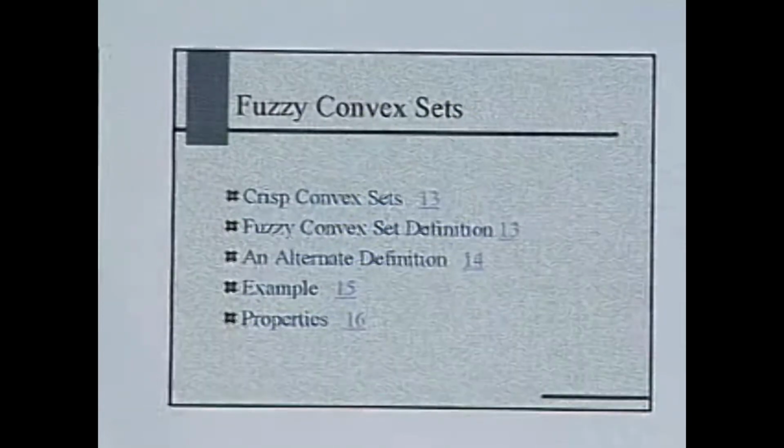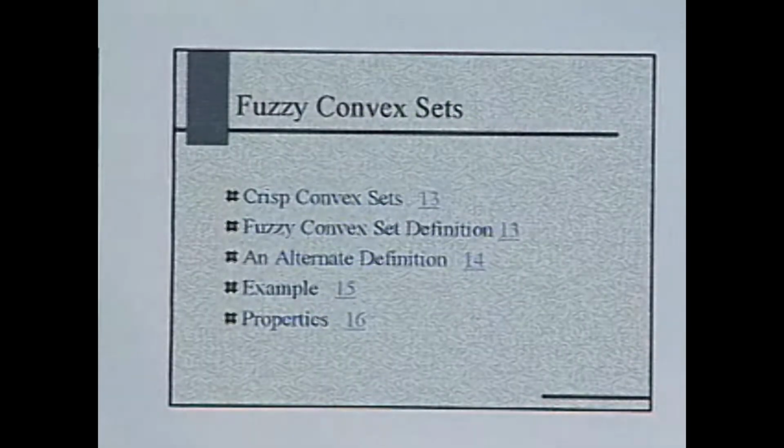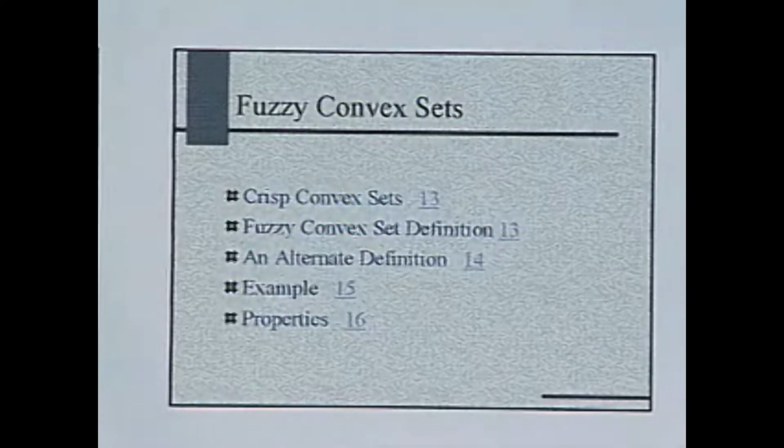Okay, the alternate definition given by Zadeh is a very interesting one, and it turns out to be equivalent to the property that a fuzzy set is convex if all of its alpha sets are convex.